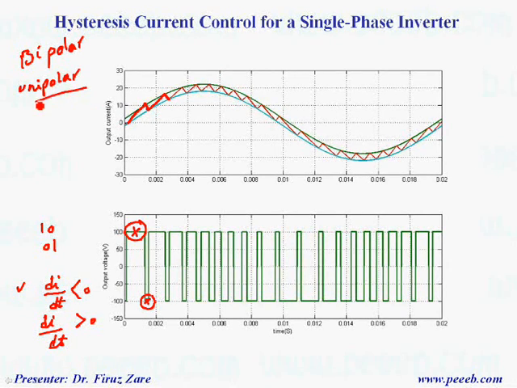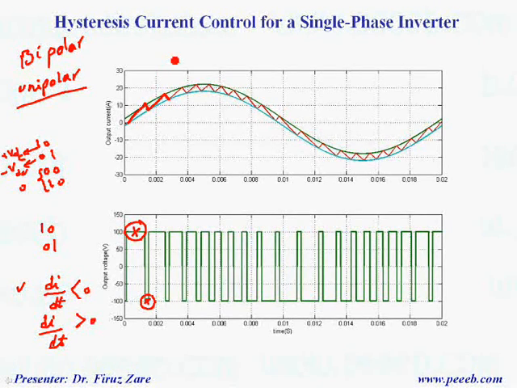It's possible to use unipolar modulation, but the control circuit is more complicated than bipolar. Basically, in unipolar we have three voltage levels, which are 1 0, 0 1, and also two switching states for 0 voltage. But because we have two hysteresis bands, we cannot detect how to select this switching state.